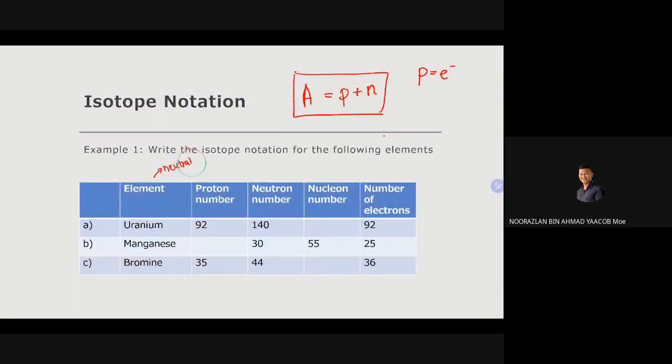So I would like you to try to fill in the box, okay? What is the ringkas? And then tulis isotope notation dia. Kalau ada soalan, terus type saja. If you have any question, just type terus.